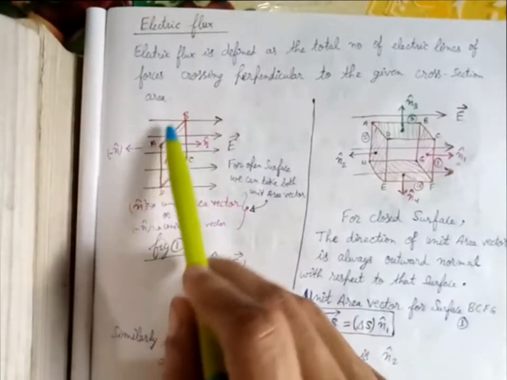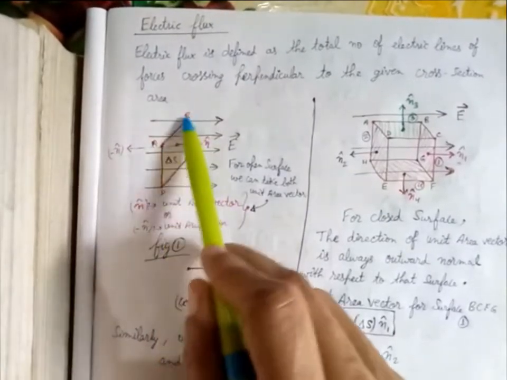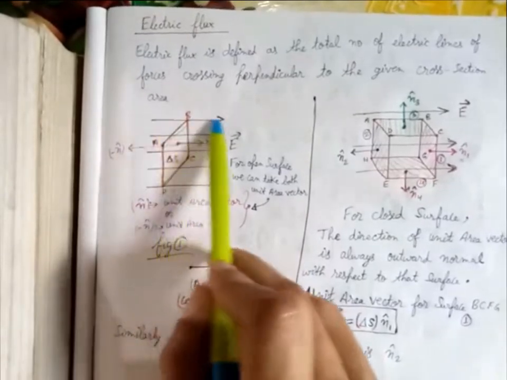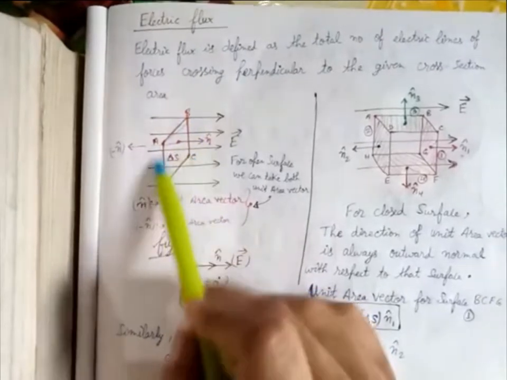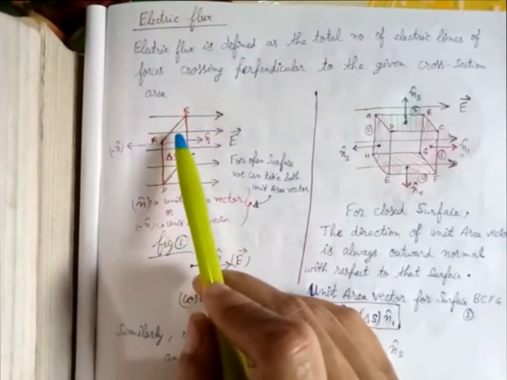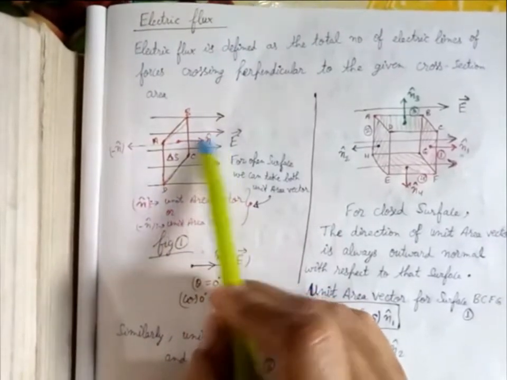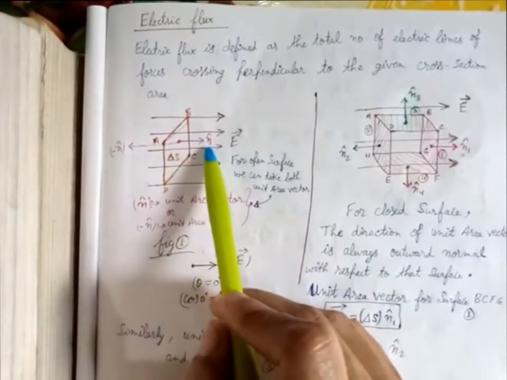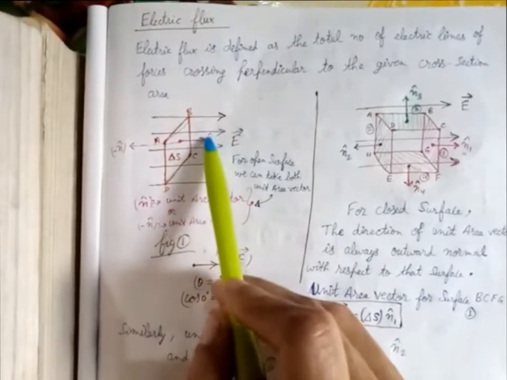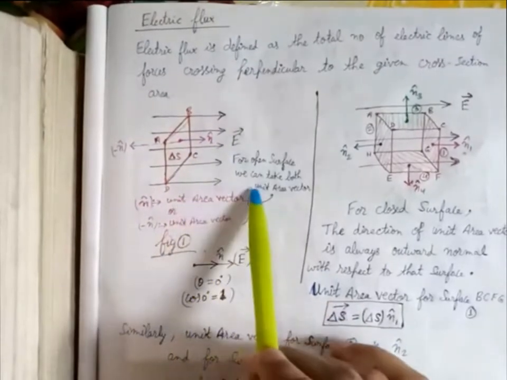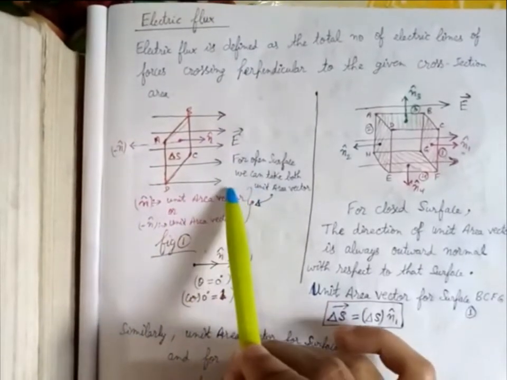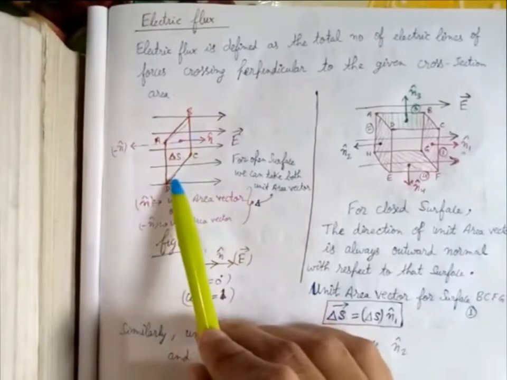It means if ABCD is a cross sectional area, then the electric field lines which are crossing through this cross sectional area will be normal to it, that is n cap, the unit area vector, is along the electric field lines. And this is the special case where we get the maximum electric flux.